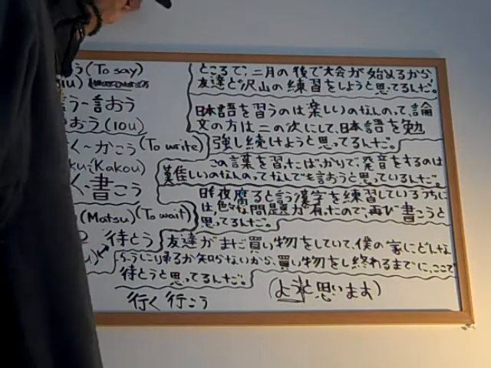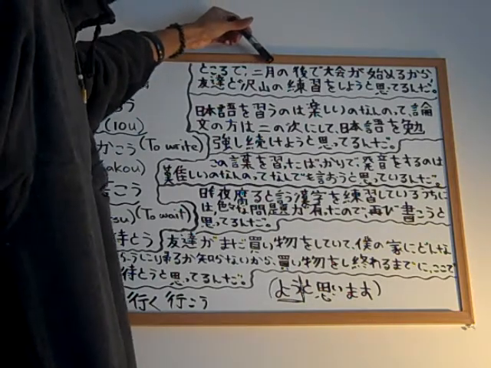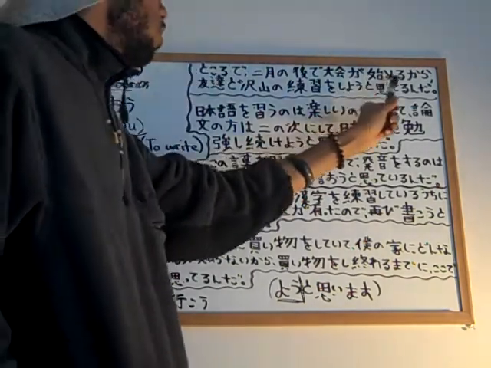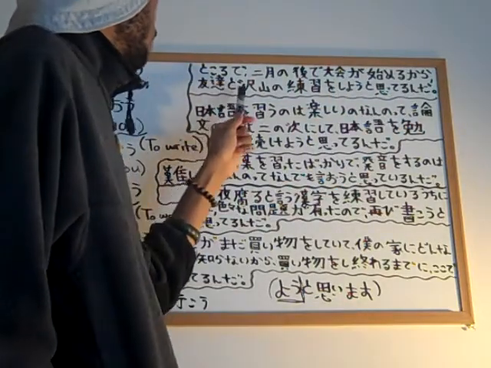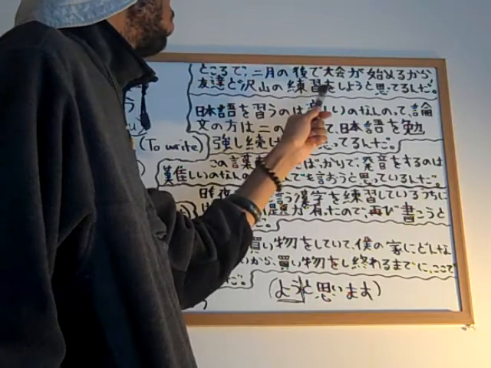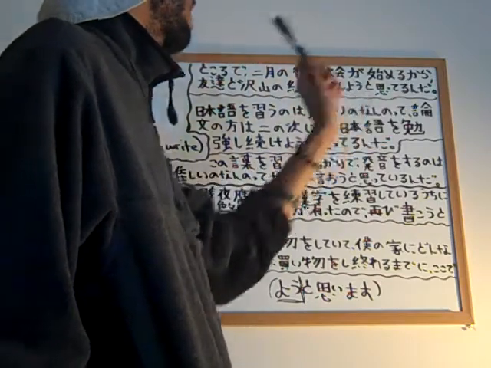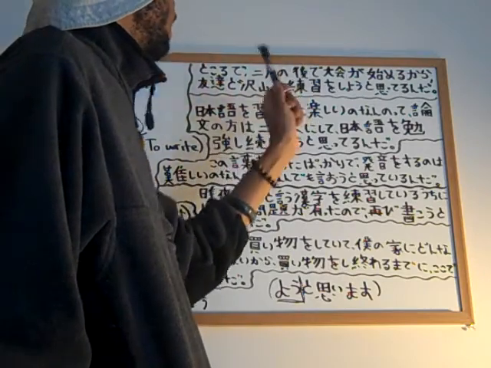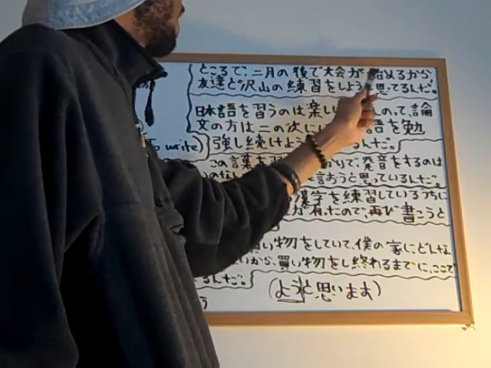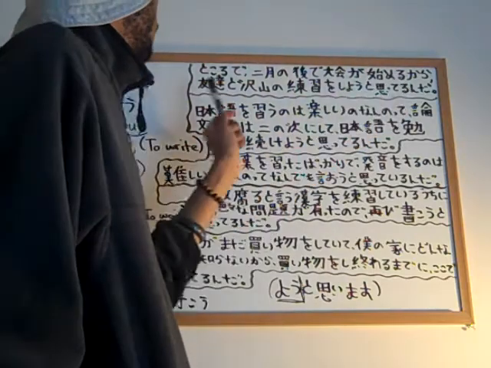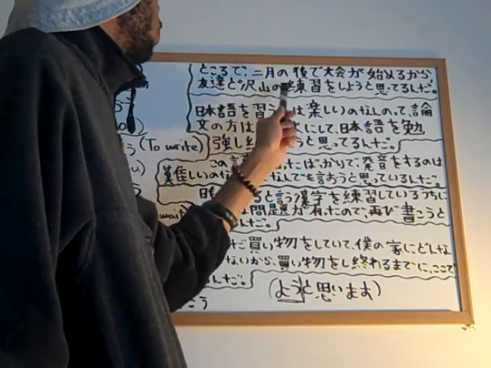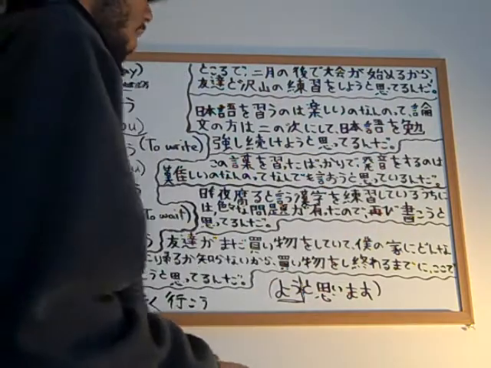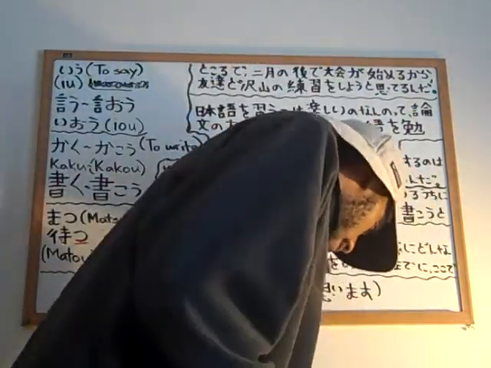Okay, I'll read slow. ところで2月の後で大会が始めるから友達とたくさんの練習をしようと思っているんだ。All right, so what do we have here?